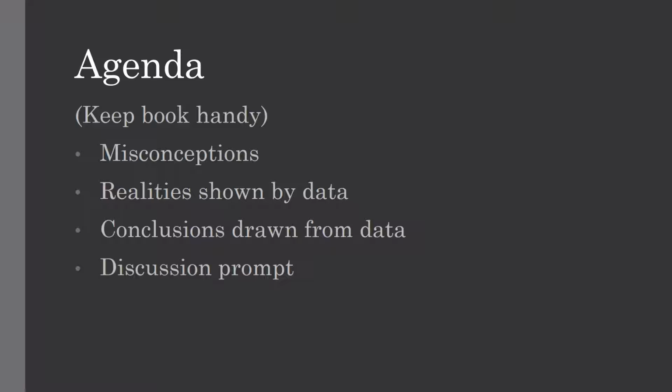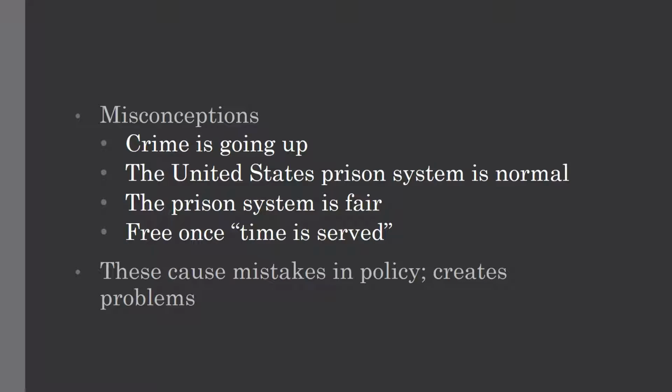This kind of comparison is one of the number one reasons we have the social sciences in the first place. Then we will talk about some of the conclusions you could draw from the data, and then we'll talk about our prompt.